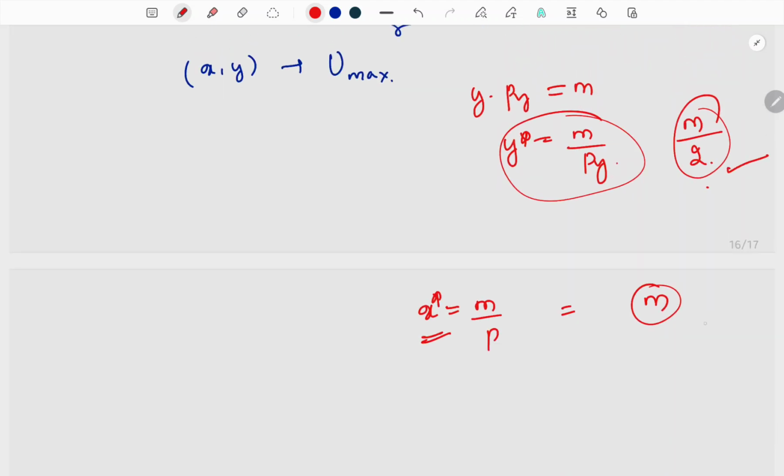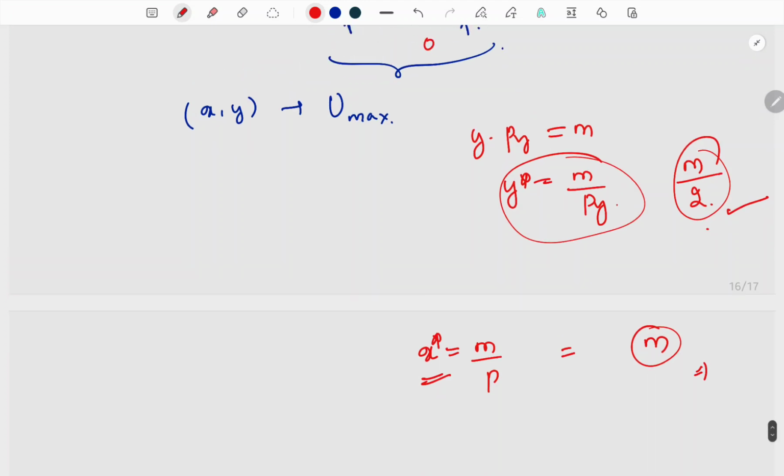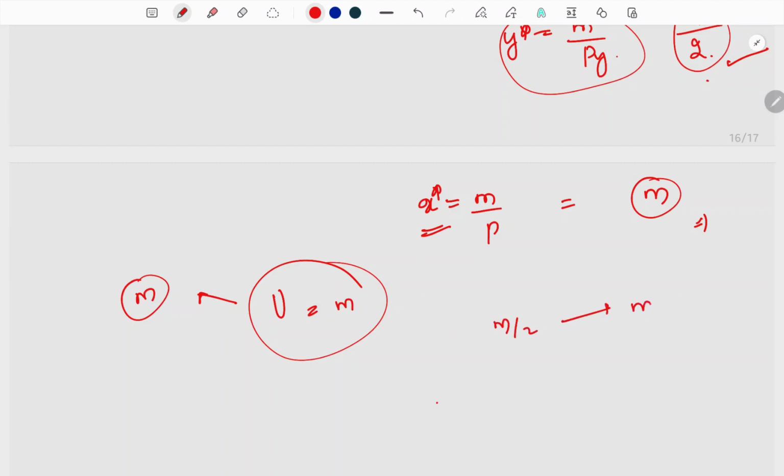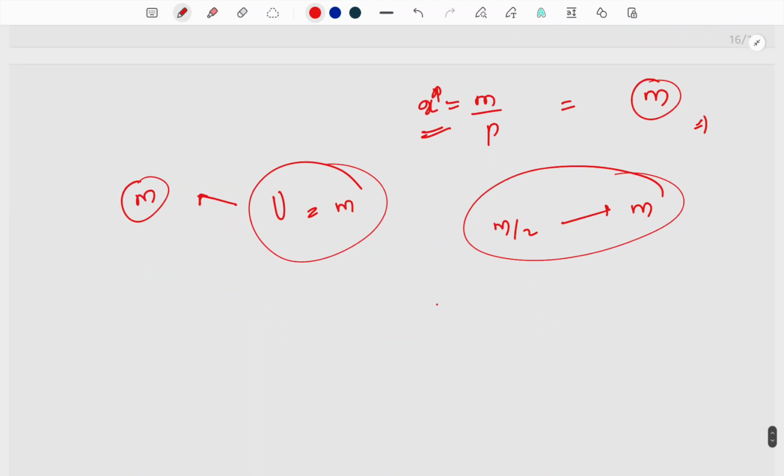Suppose you consume full x, you will get m, meaning at most you will get m. When you have the option to consume with at most utility, that will be m. Why are you worrying about consuming in between m by 2 and m? It's not efficient, right? It's not maximized. There is no such thing as getting the perfect utility from this one or the maximum utility.